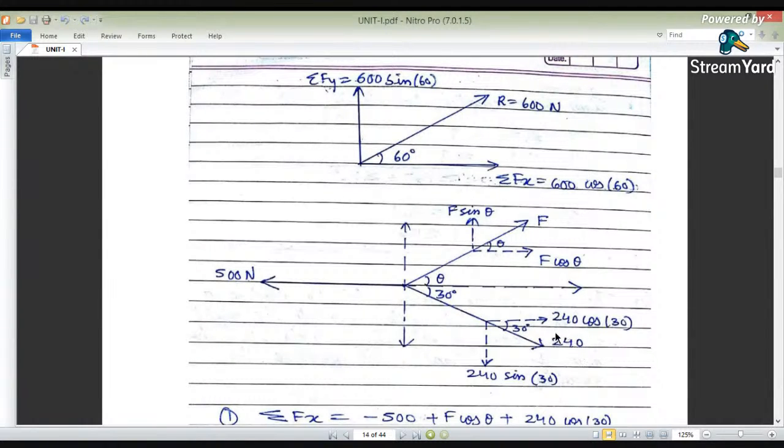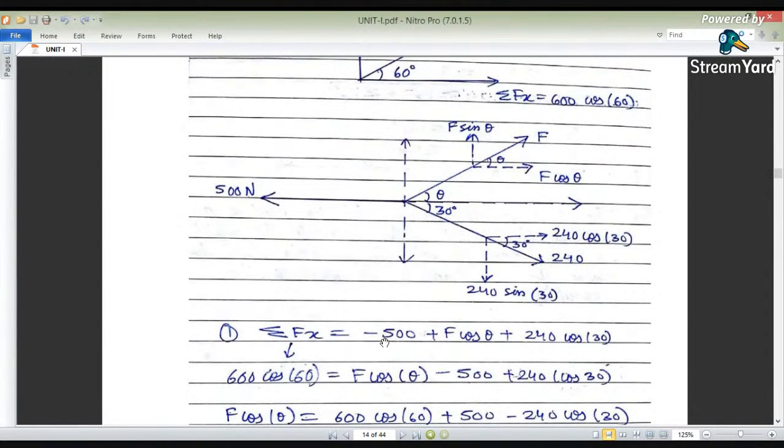The horizontal component is cos theta, because it makes an angle with the horizontal, whereas the 500 newton force is acting on the left side, so it is negative. So resolving all Fx forces, the summation of all horizontal forces.